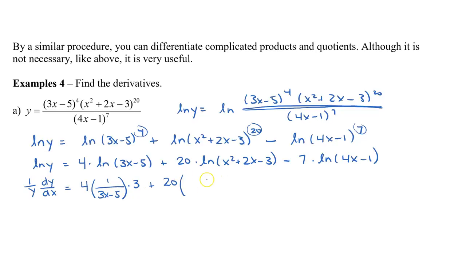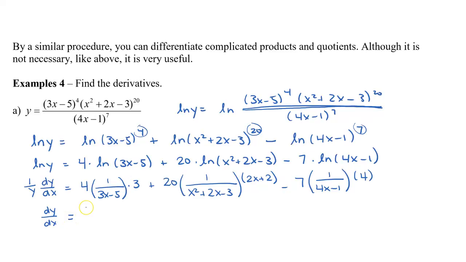So 20 times 1 over (x squared plus 2x minus 3), and this will be times (2x plus 2), minus 7 times 1 over (4x minus 1), times 4. It's very long, but quite easy to do.